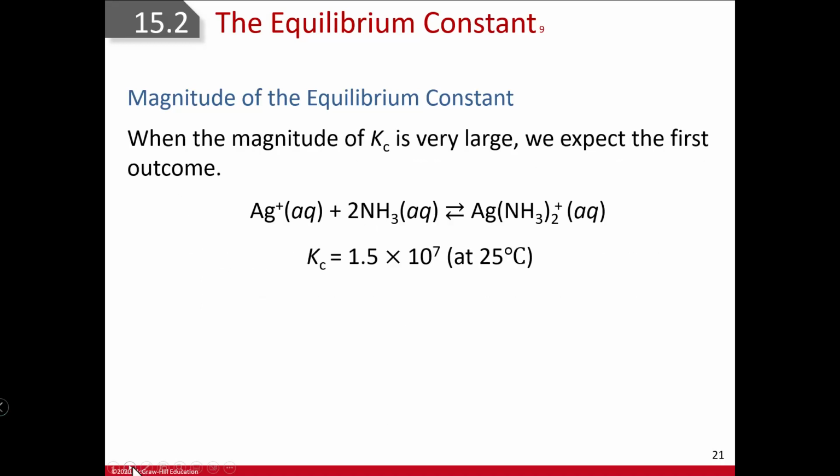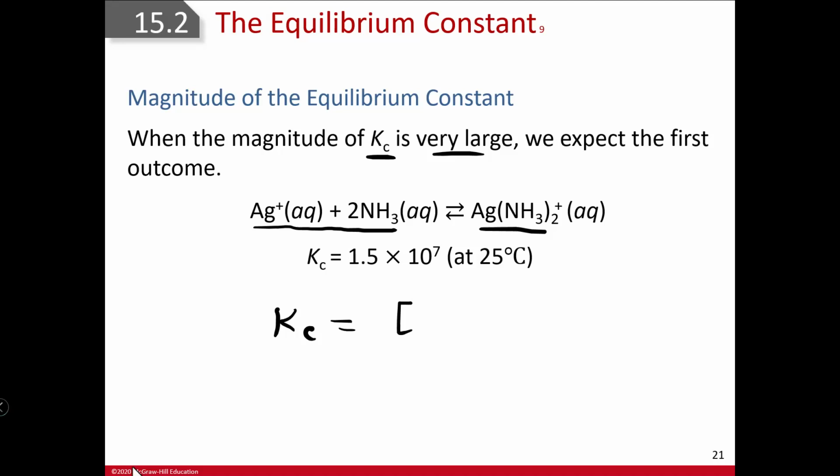All right, so let's look at this problem. When the magnitude of K, the equilibrium constant at concentration, is very large, what do we expect? Do you think at equilibrium you're going to have mostly reactant or mostly product? How you're going to determine that is write the equilibrium expression.